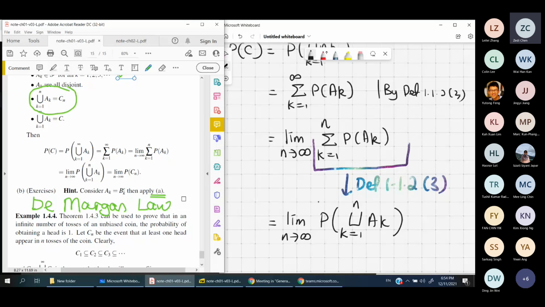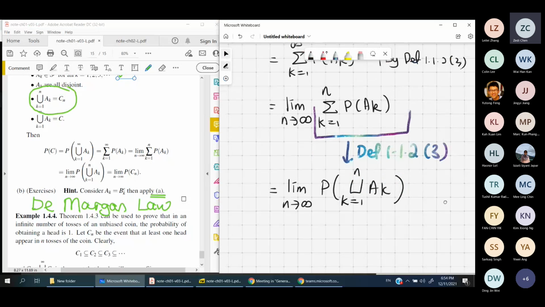So then this will be equal to Cn. Okay, so I think that is the proof for this theorem, part A.